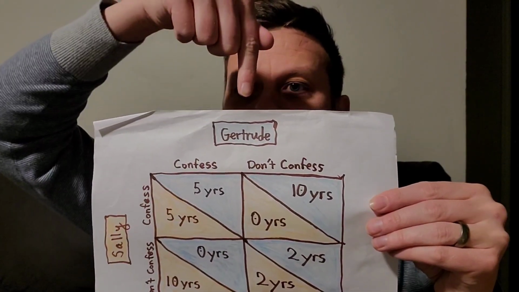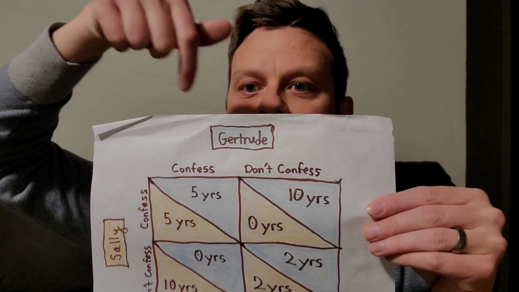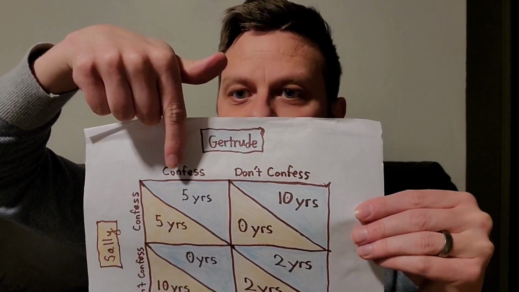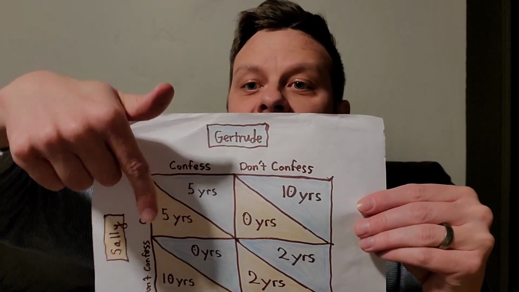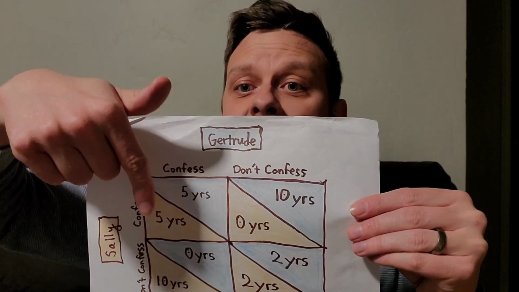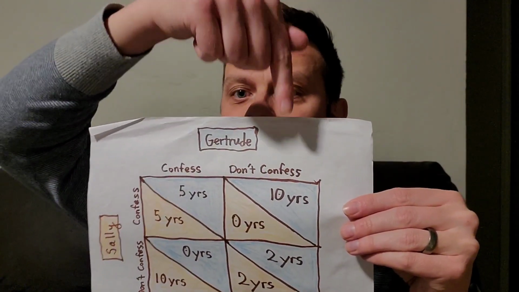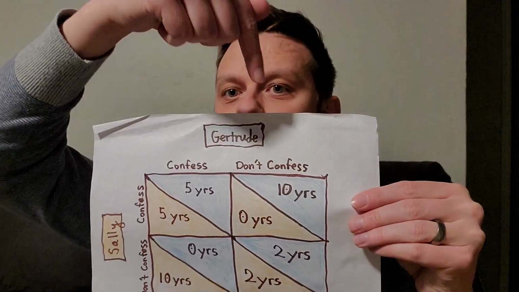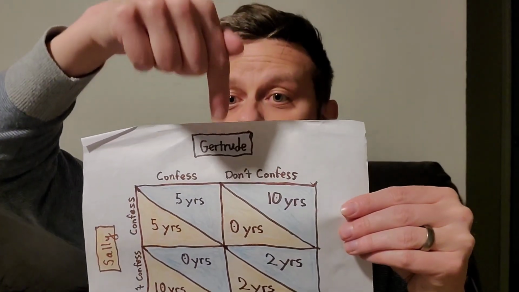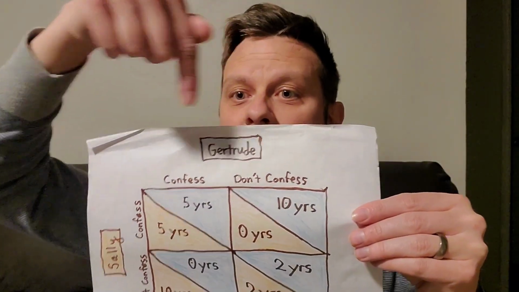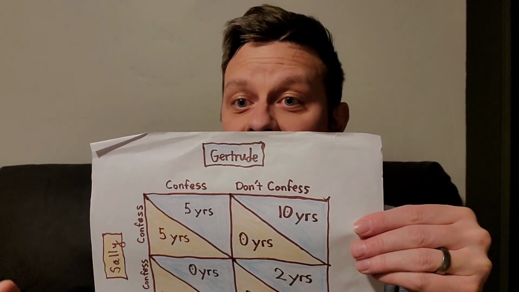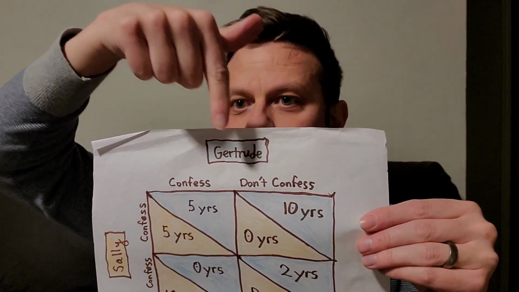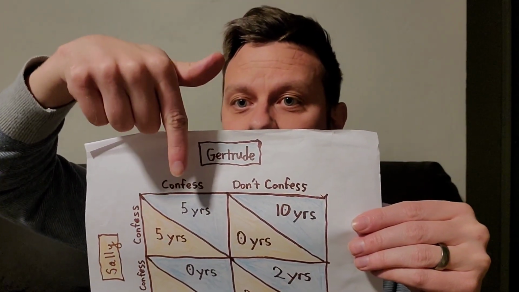If we look at Gertrude, who is represented in blue, if she confesses, she will either receive 5 years if Sally also confesses, or 0 years if Sally decides not to confess. However, if she does not confess, she's either faced with 10 years or 2 years. And because Gertrude's scenario is going to be better off whether or not Sally decides to confess, if she confesses, then we can conclude Gertrude will confess.